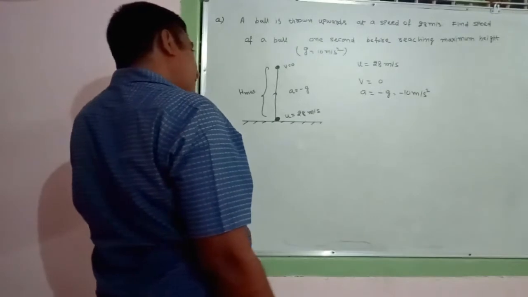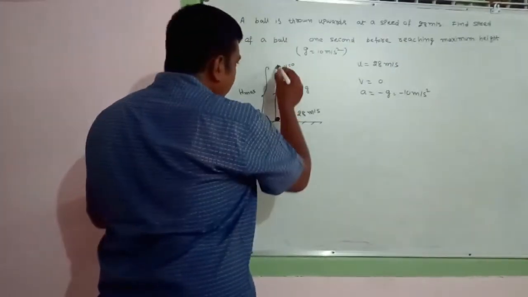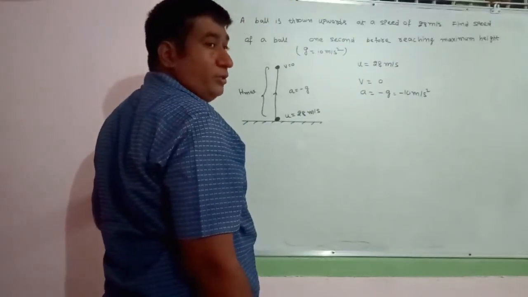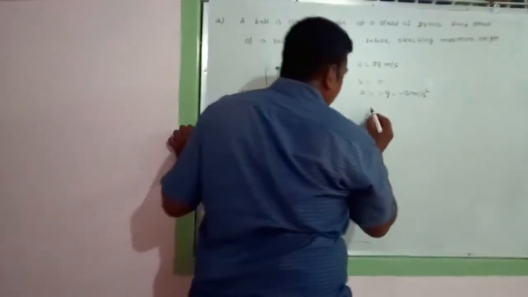So with the help of this, from kinematic equations, in order to move from here to here, what is the total time taken? That is nothing but the time of ascent. We can use the formula v equals u plus at. If you have not remembered that formula, we can use this.